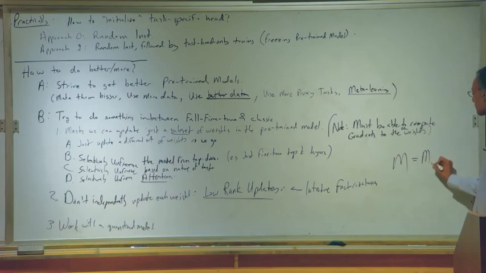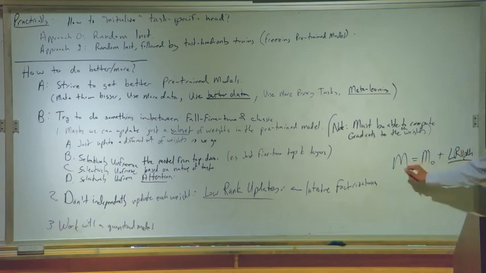You can think of it as a starting initial condition plus some low rank update. So if this thing is big in terms of how many rows and columns it has, you can make this thing be small. For example, let's say choose only rank 3 or rank 4.